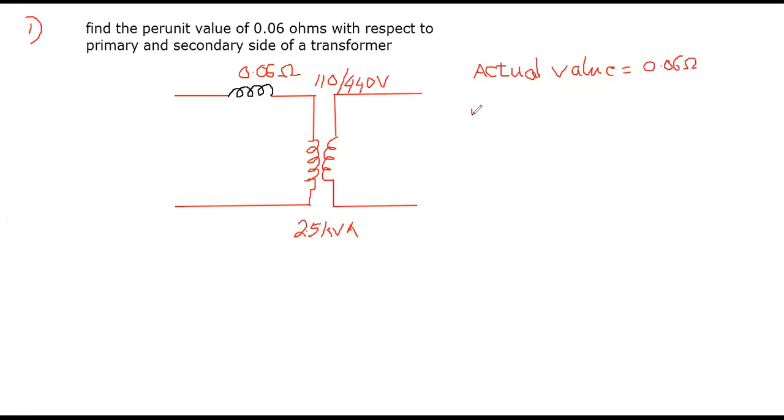Now case 1: you have been asked to determine the per unit value of the same 0.06 ohms on primary side. At the same time, if we shift the 0.06 ohms to the secondary side, what is the per unit value of the same parameter on the secondary side? Now the first case is primary side. We are going to calculate the per unit value of the 0.06 ohms with respect to primary side.